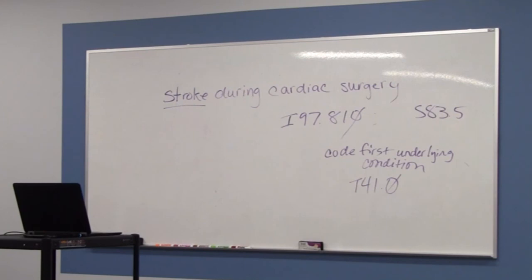T41.0 means poisoning by adverse effect and underdosing of anesthetics. When I add that X, that gives me my next digit. But the 1 means accidental. T41.0X2 means intentional self-harm. T41.0X3 means assault. Each one of those digits means something. I have to have 7 characters. They don't have 7 characters in it, so there's a placeholder X.